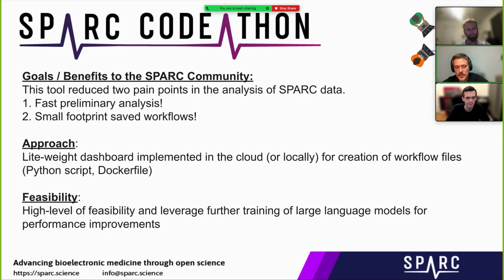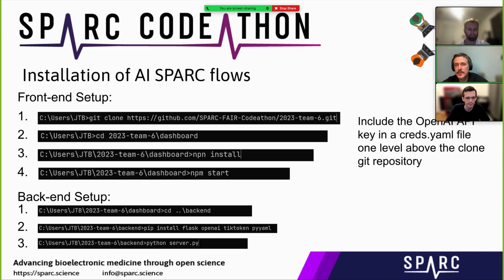Secondly, I want to mention that our approach is lightweight, with a dashboard implemented in the cloud or locally for the creation of workflow files, including this Python script and the Docker file. And we see this as highly feasible in the sense that we have lightweight files implemented quickly in the cloud, and we also can train the model again on large language models that might be open source in the future.